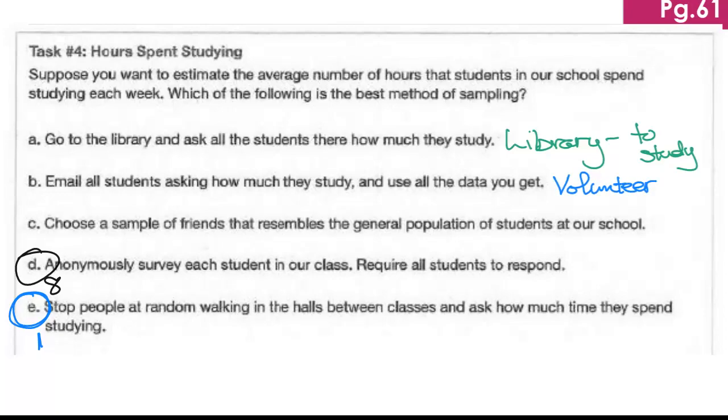So this is volunteer sampling, which is not the best method of sampling because only those that respond are the ones that you're going to get. They're going to be volunteers. And those volunteers are usually, you might want to write this in, on opposite sides of whatever it is you're talking about.